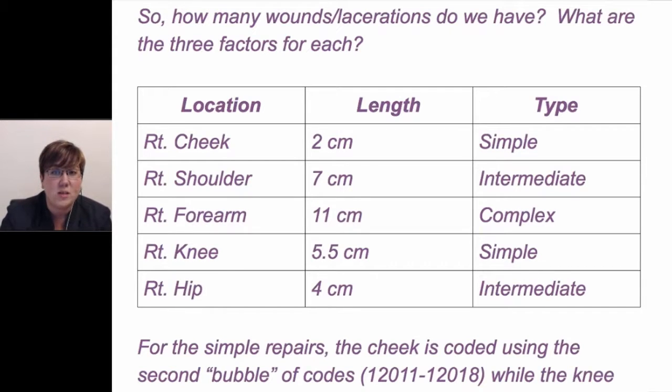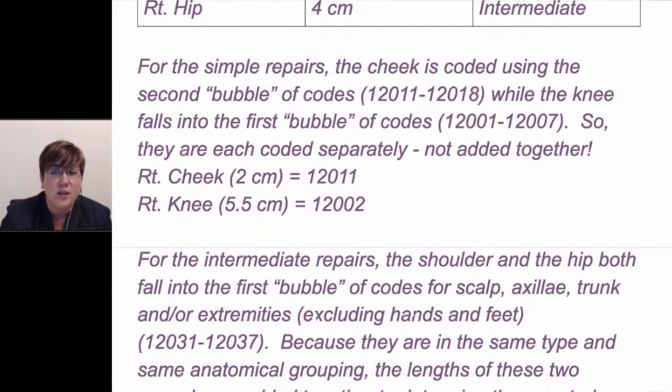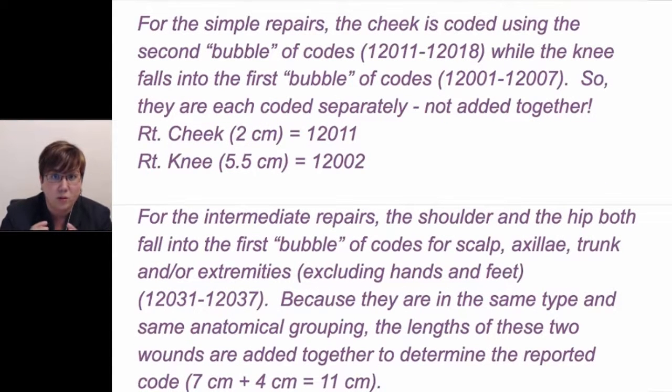So as we scroll down, this is what I've explained. For simple repairs, the cheek falls into the second bubble in your book, and the knee falls into the first one. So while we have two simple repairs, they're in two different anatomical locations, even according to the CPT groupings, so we have to have two codes.